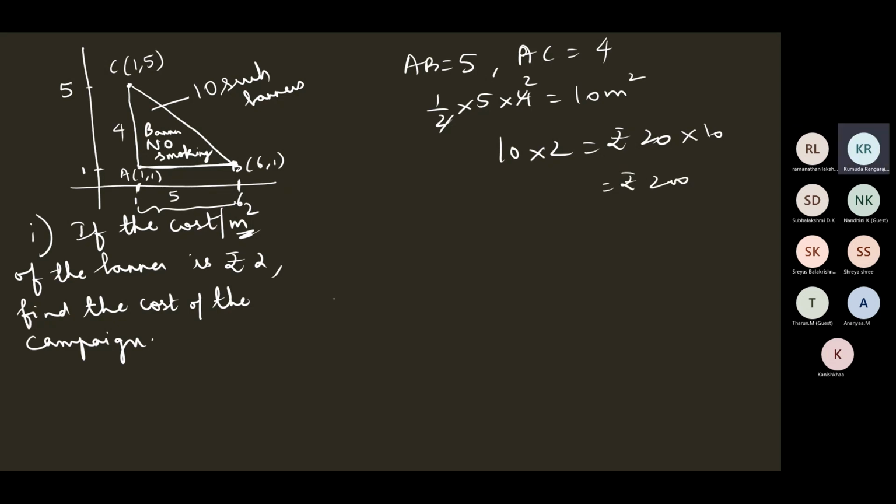That is the area of one triangular banner, into 2 rupees, cost of one banner, into 10, cost of 10 banners, or the cost of the campaign. Meaning how much they have to spend to conduct this campaign.